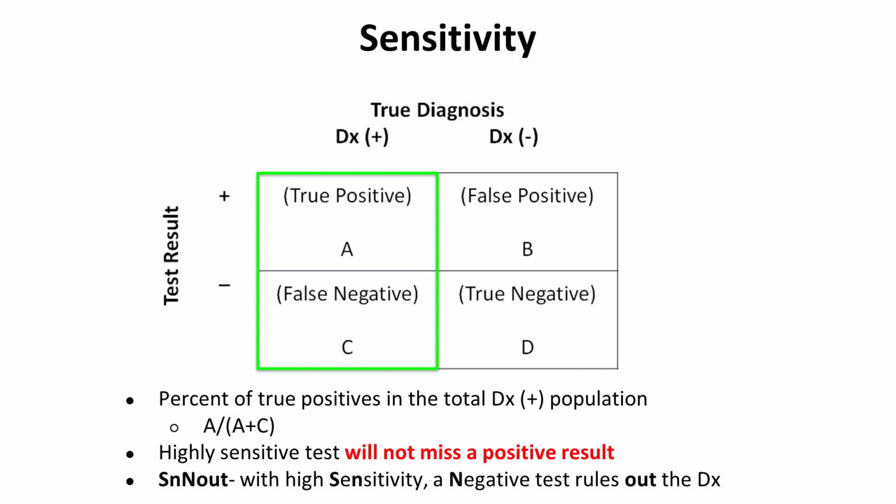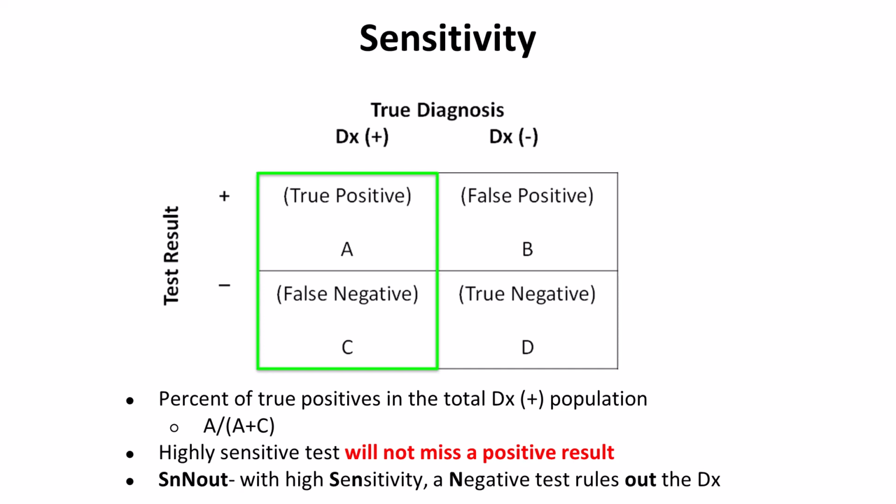The total population that had the diagnosis of shoulder impingement is seen in the area that's highlighted in fluorescent green. These include people who had the diagnosis and tested positive with empty can, as well as those who have the diagnosis and tested negative with empty can.